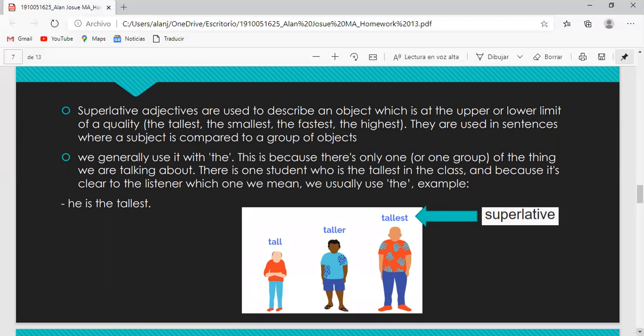There is one student who is the youngest in the class, and it's clear to the listener which one we mean. We usually use it like this, for example: he is the tallest.